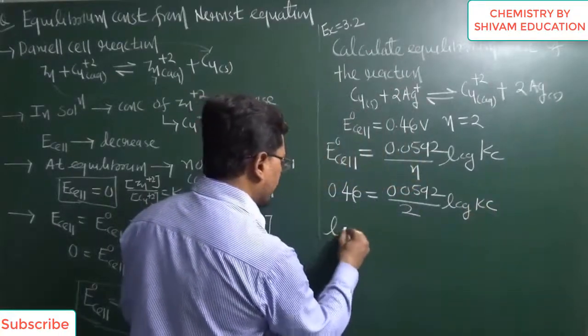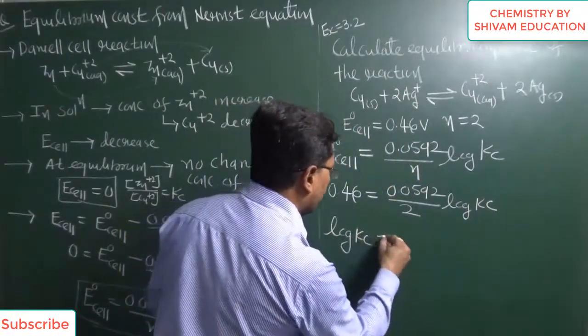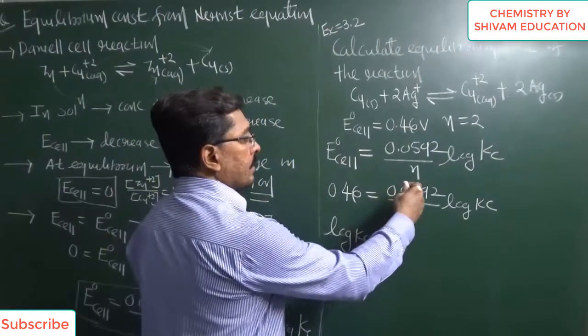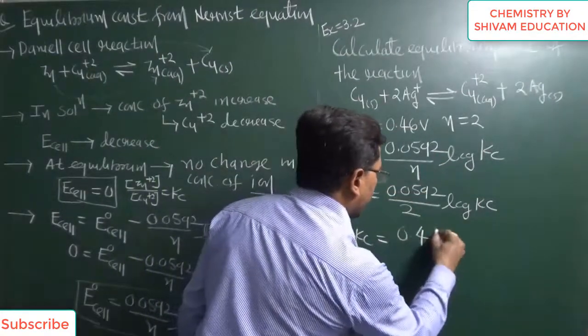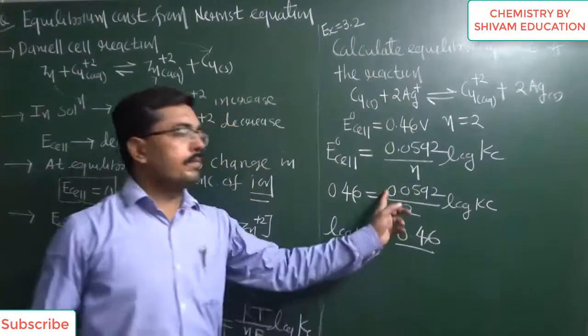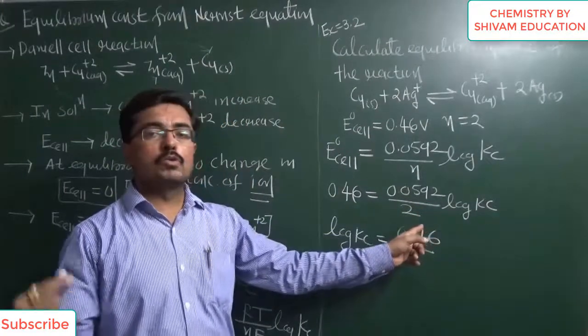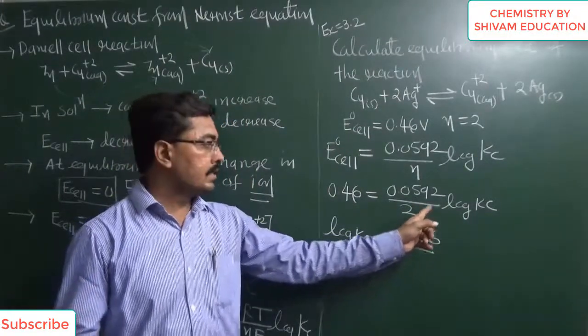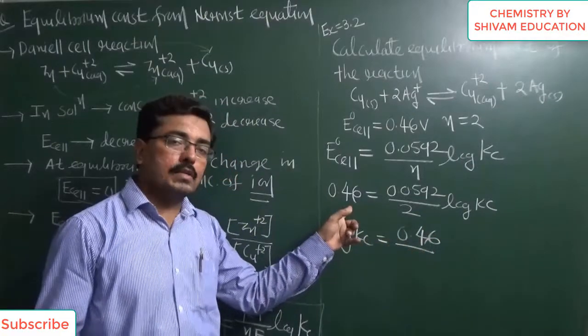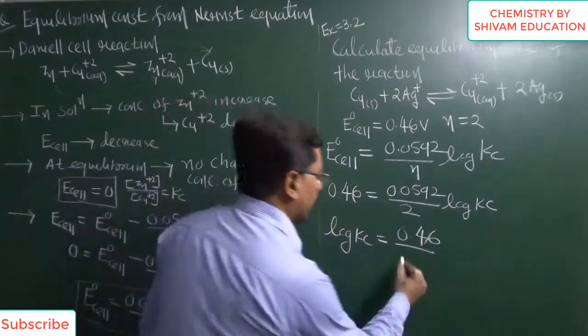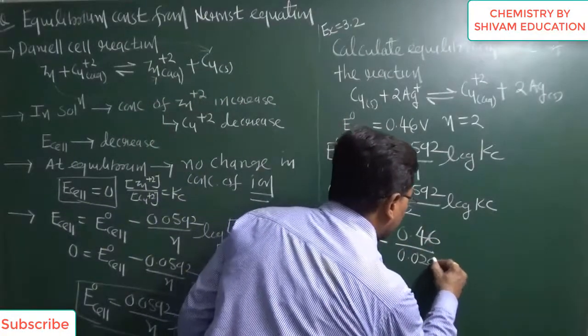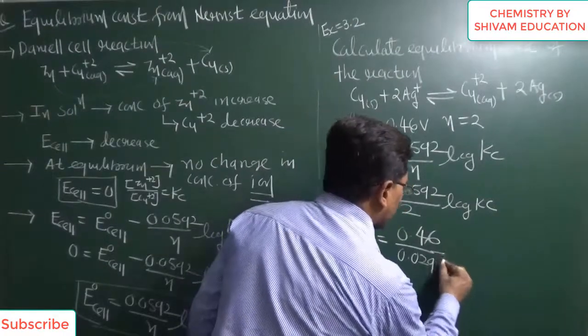So we can simplify: log Kc equals 0.46 divided by 0.0592 divided by 2, so you will get 0.0296, and this 0.0296 will go in the denominator.